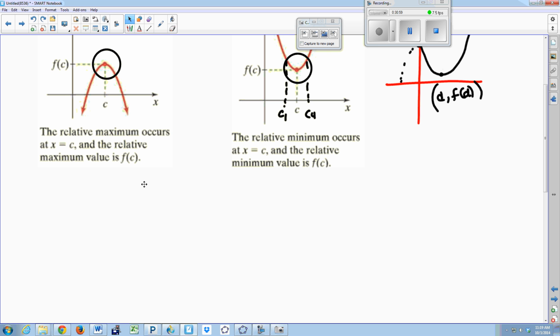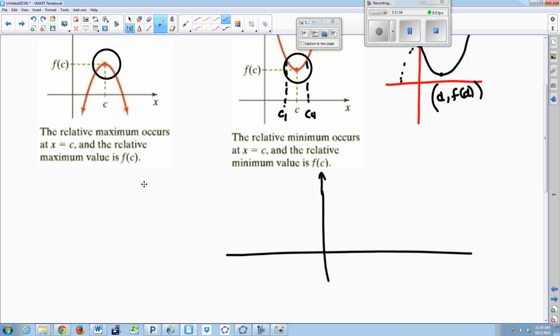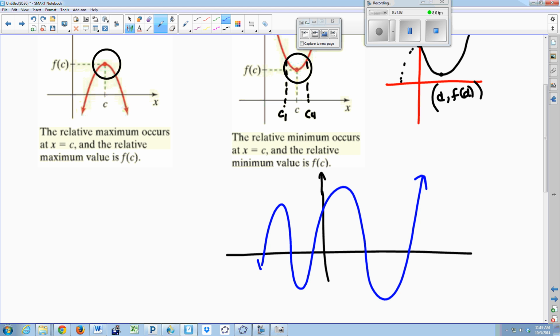So someone in my class asked a question in the first class that I thought was a good question. So you can see in this situation that you have several relative maxima values and several relative minima values.